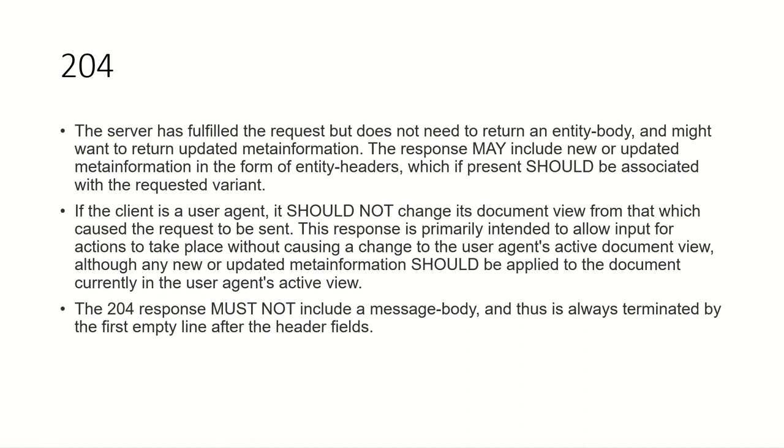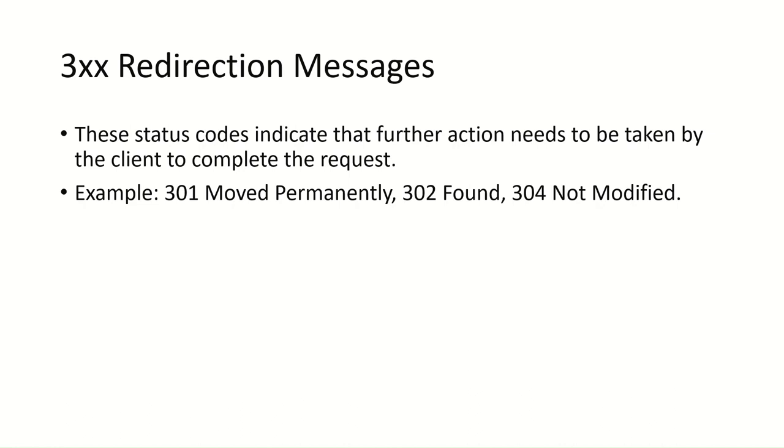Now let me go to the next slide and discuss the 3xx family of HTTP status codes, which are redirection messages. These status codes indicate that further action needs to be taken by the client to complete the request.